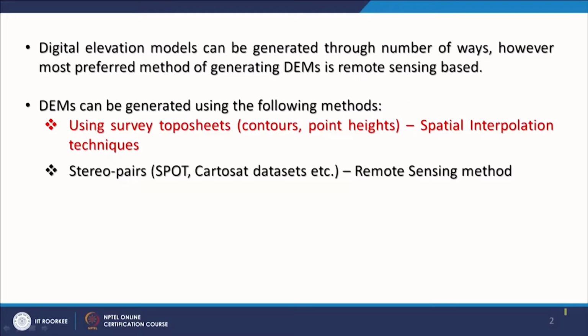And the second, though here in these methods it is second, but among remote sensing methods this is the first technique which was developed, and it started with SPOT. Earlier we used to have stereo pairs of aerial photographs, but not stereo pairs acquired by satellites.